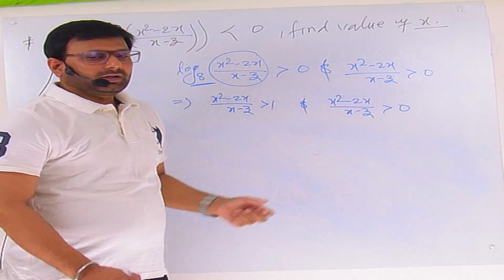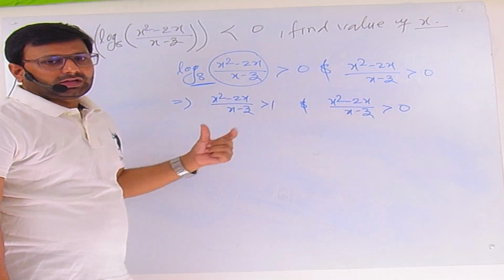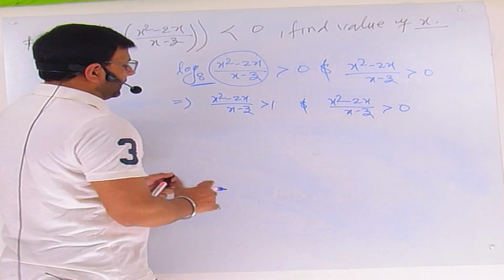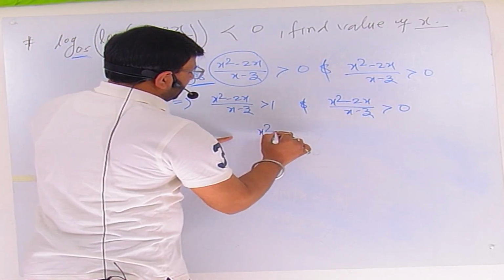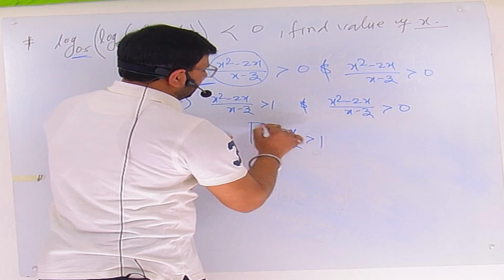Which value do I have to consider? Here greater than 0, here greater than 1. I have to take the common value. So I can write x square minus 2x divided by x minus 3 greater than 1.